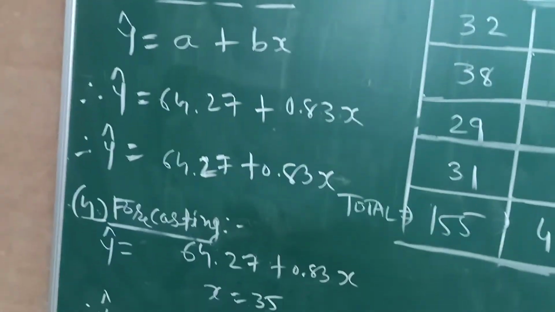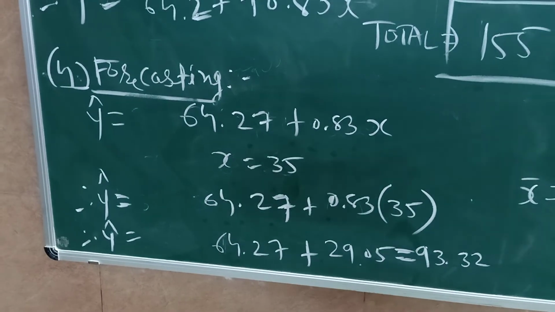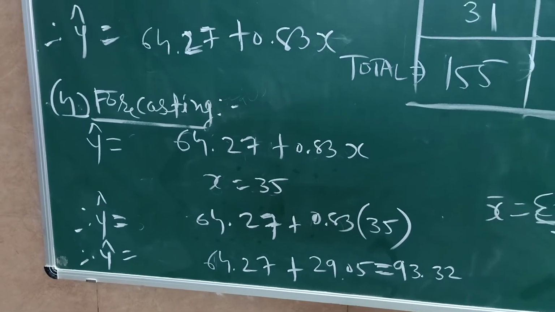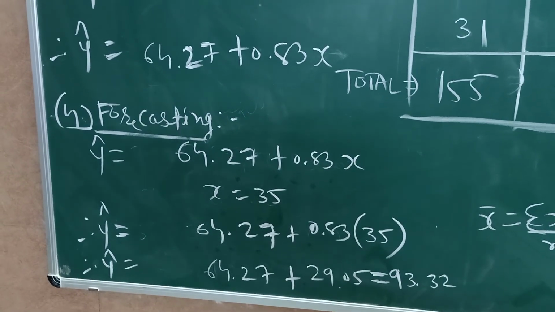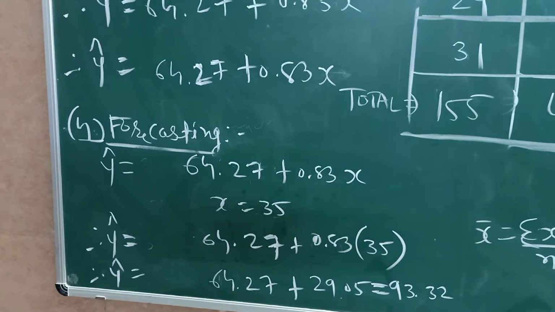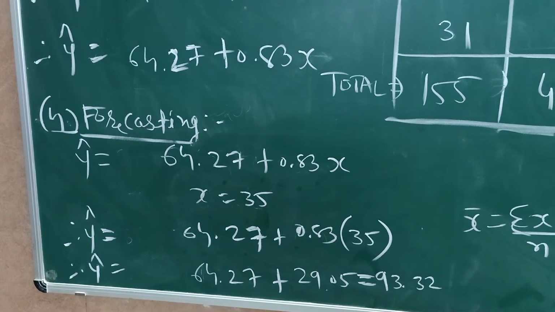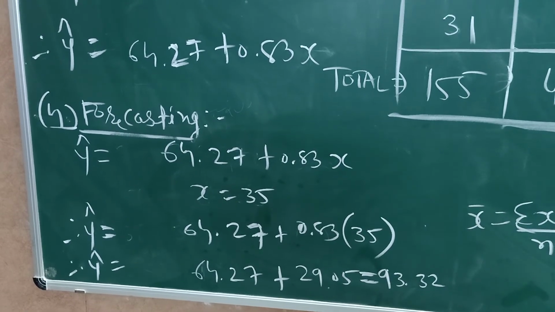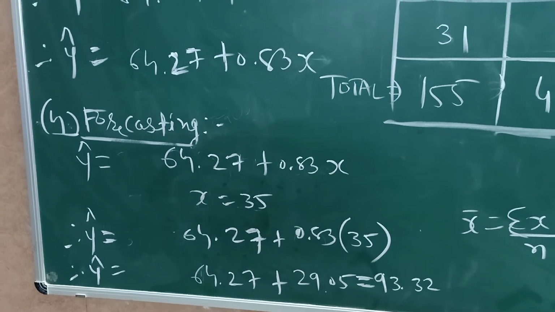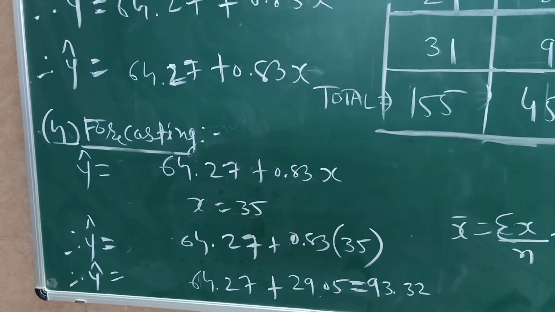And the last step is forecasting. Forecasting means the value of x is provided. Here in this particular sum, the value of x is given as 35. So we put that value of x into the linear regression line equation. X equals 35, and we got the answer, that is 93.32.